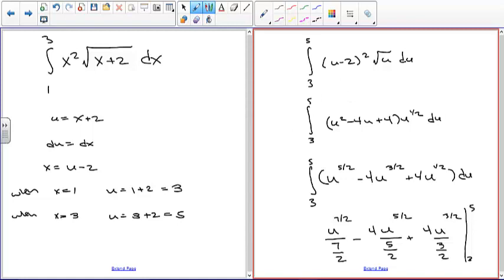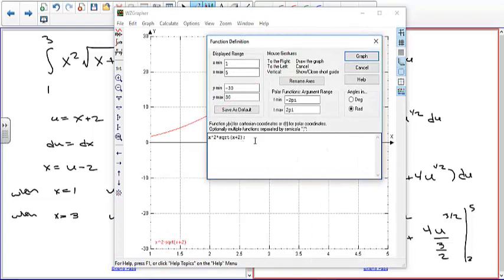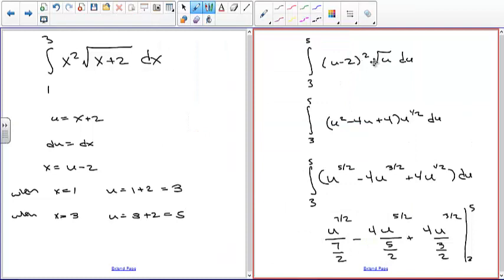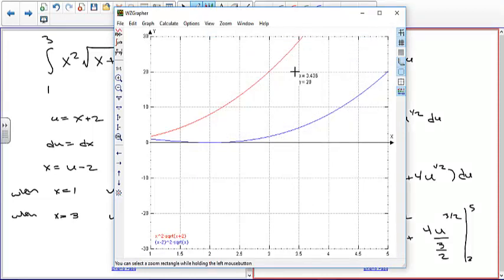So if I take x minus 2 squared times the square root of x, so that's the second equation. x minus 2 squared times the square root from 3 to 5. So I graphed that one too.